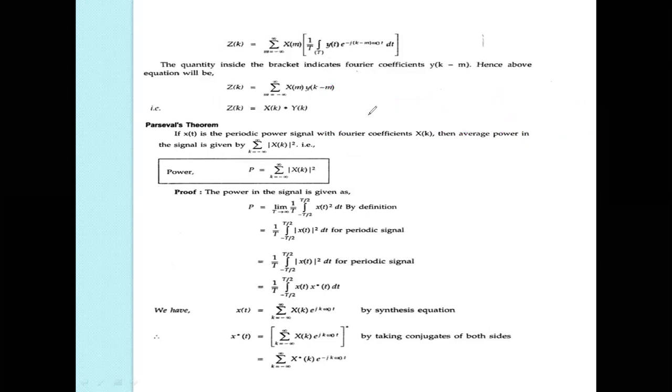So now we completed the properties of the Fourier series. The first one is the linearity property. Second is the time shift property. Third is the frequency shift property. Fourth is the scaling property.